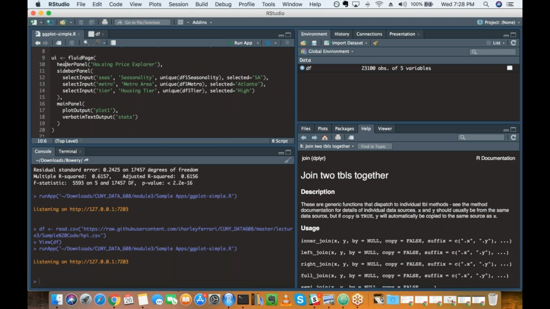The UI is defined with these Shiny-specific functions, which are pretty useful for the sorts of apps that data scientists would be building using Shiny. You have things like header panels, side panels, and main panels, and it's a pretty intuitive way of building these sorts of layouts. So here I have a title, I have my sidebar where I had my drop downs, and then I have my main panel.